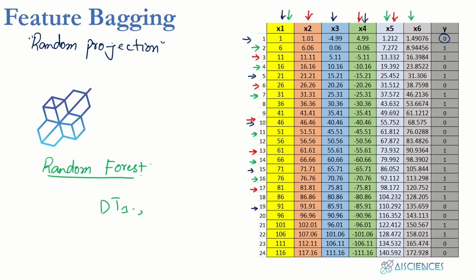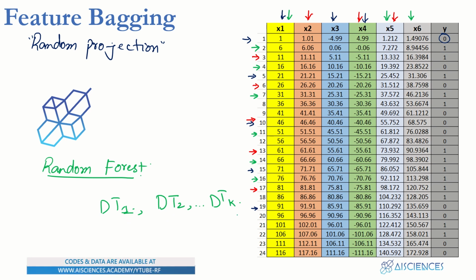Now pick another subset of data, randomly select the subset of features and build another decision tree, let's say decision tree 2, and build, for example, k decision trees. Obviously, all these decision trees are built on random samples, both in terms of data as well as in features, so they may be different.